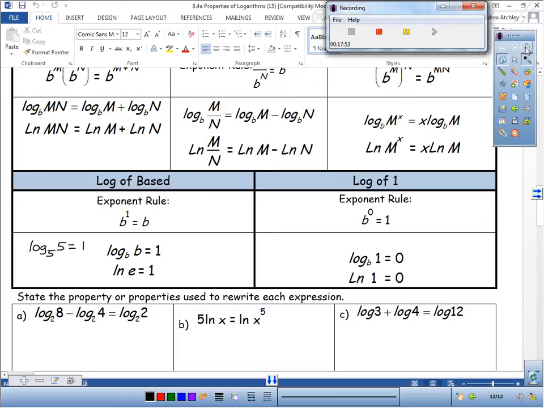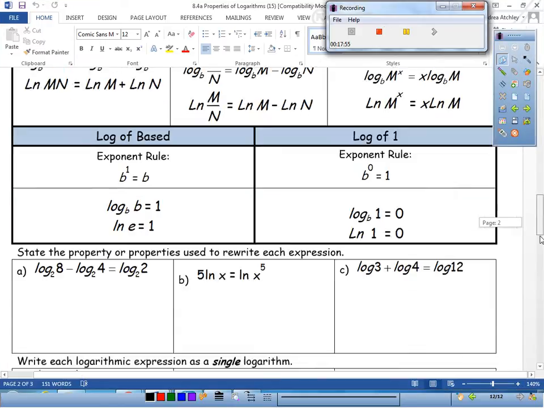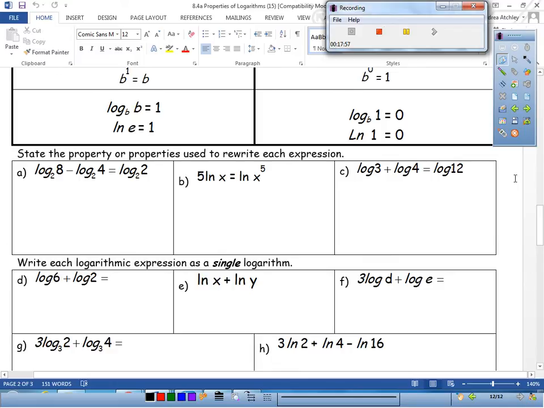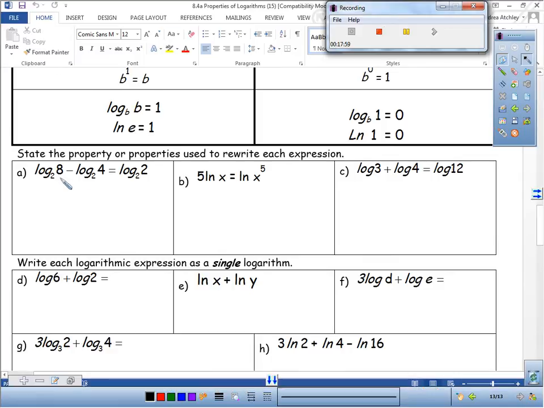Okay, so let's use our properties. We're going to state the property or properties used to rewrite each expression. So this log base 2 of 8 minus the log base 2 of 4 equals the log base 2 of 2.